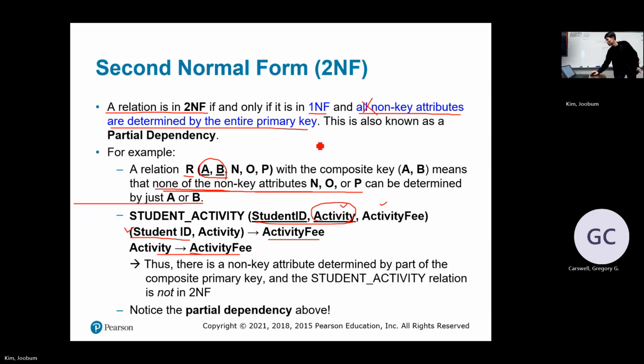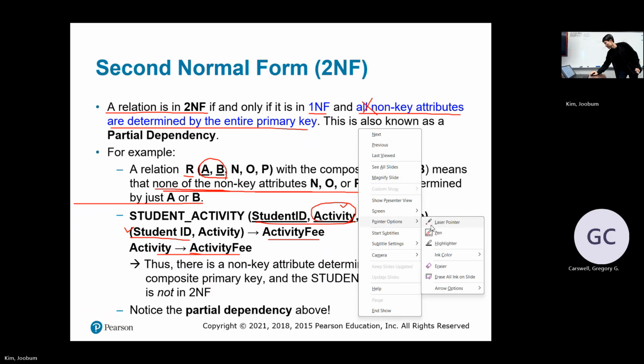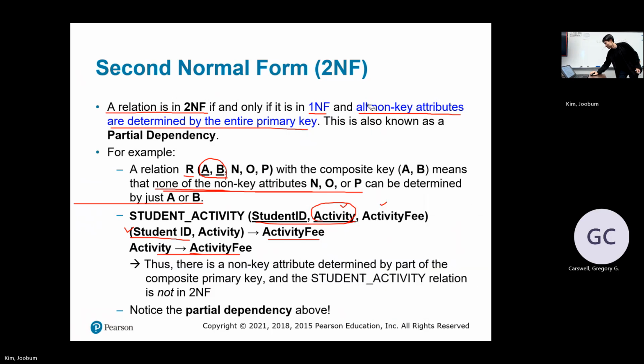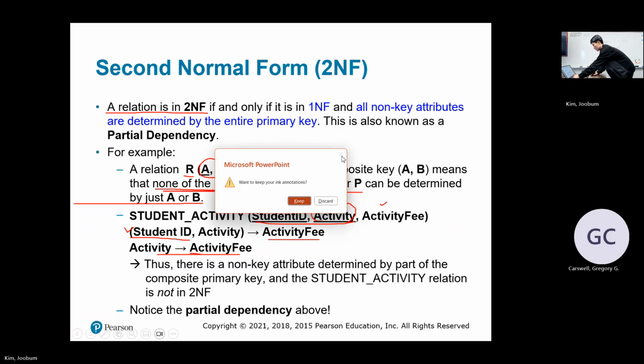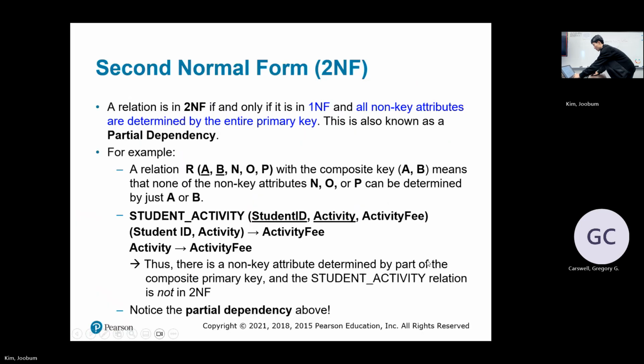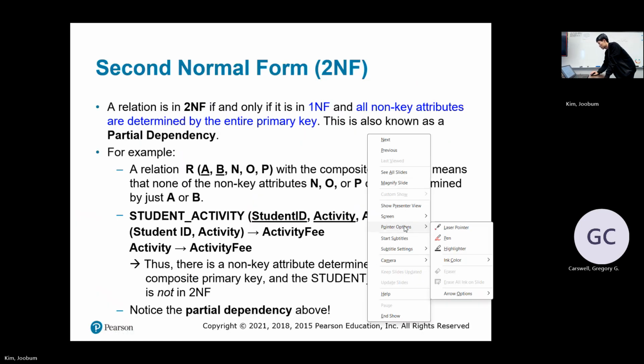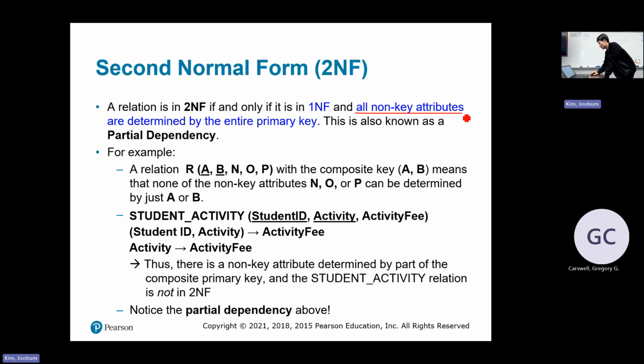And then, to be in the second normal form, this condition should be satisfied: the entire composite primary key determines the non-key attribute.